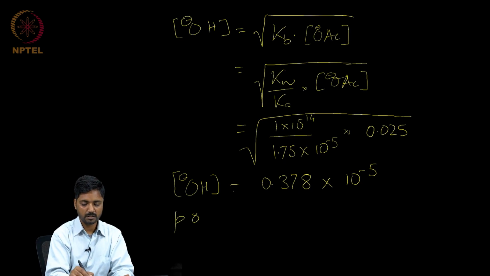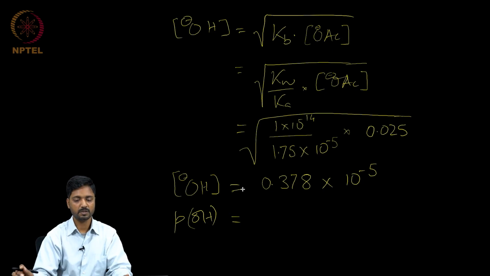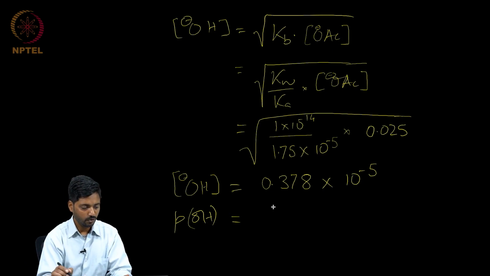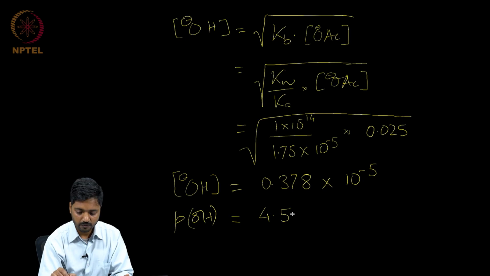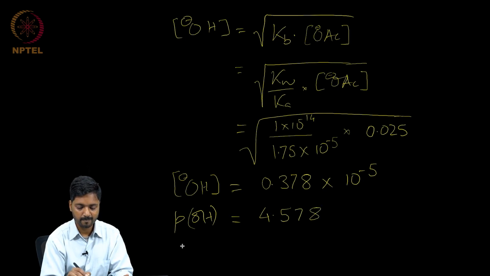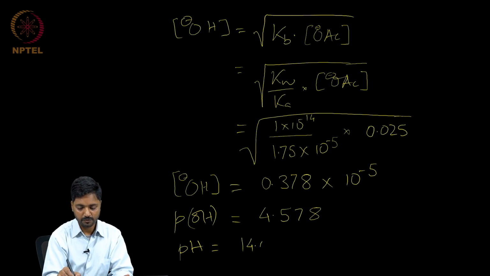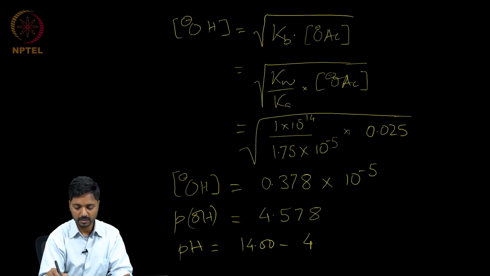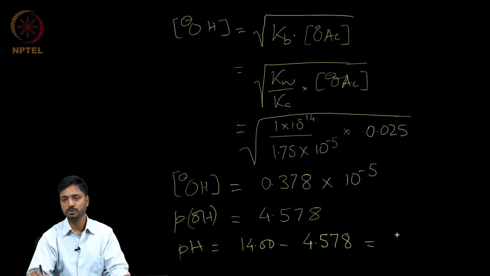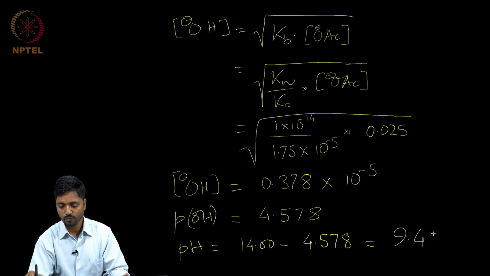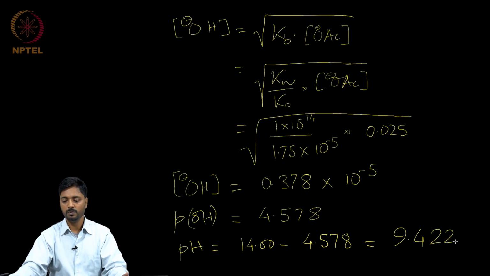In other words, the pOH value for this system now comes to be 4.578, and the pH value will be 14.00 minus 4.578, which is close to 9.422.